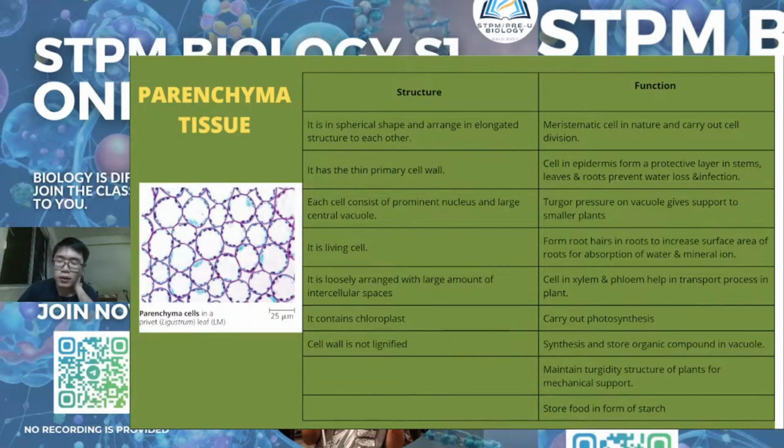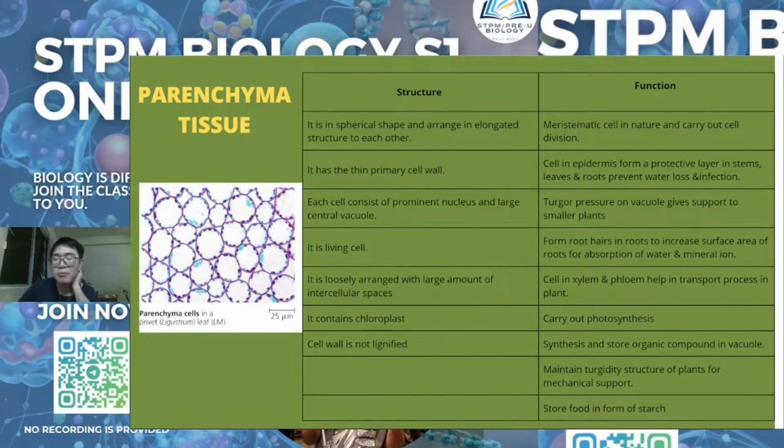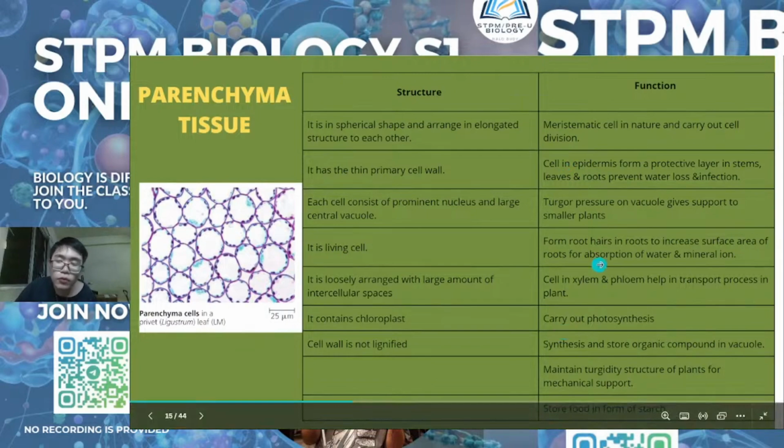One year they asked an essay question, asking you to write 7 functions of the parenchyma tissue. 7 functions, not 1 function, not 2 functions, 7 functions, very easy, right? I think you would take this question. I already gave you the answer, so please read. You should know, you should read.